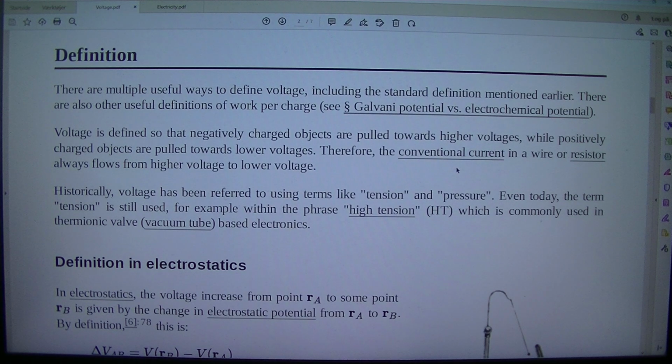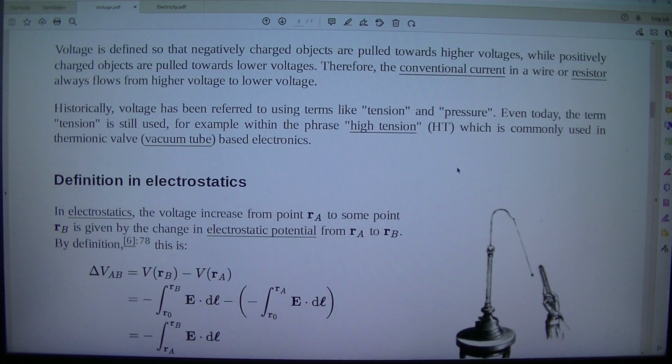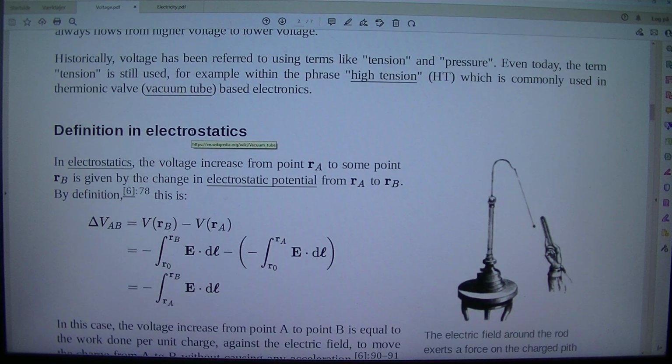Therefore, the conventional current in a wire or resistor always flows from higher voltage to lower voltage. Historically, voltage has been referred to using terms like tension and pressure. Even today, the term tension is still used, for example within the phrase high tension, height, which is commonly used in thermionic valve, vacuum tube, based electronics.